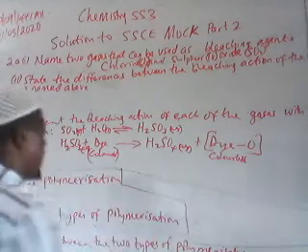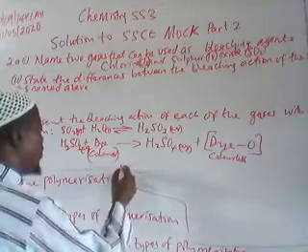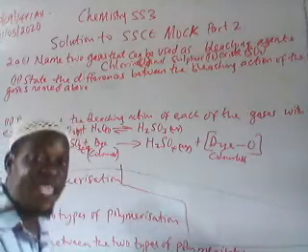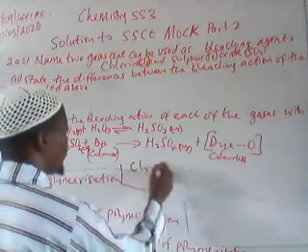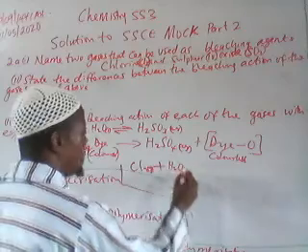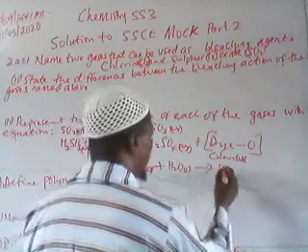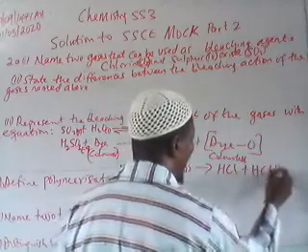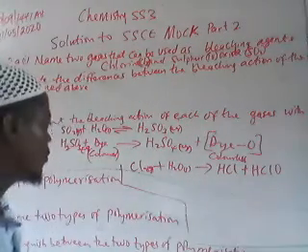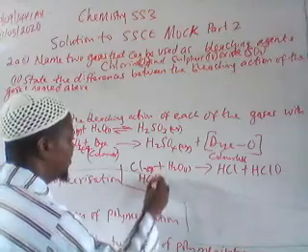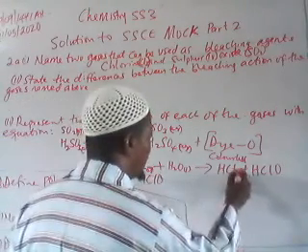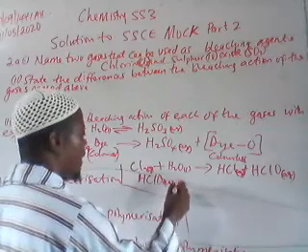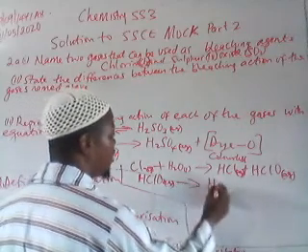But as regards the bleaching action of chlorine, chlorine also bleaches in the presence of water. But in its own case, it bleaches by oxidation. Chlorine will dissolve in water to form two acids, hydrochloric acid and oxochlorate(I) acid. Oxochlorate(I) acid will liberate oxygen atom.